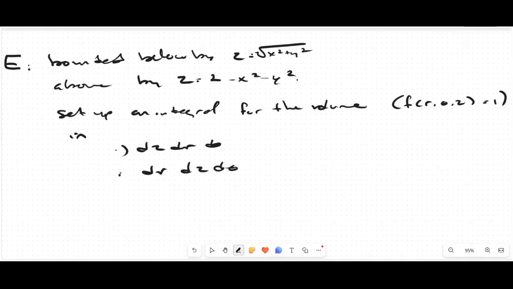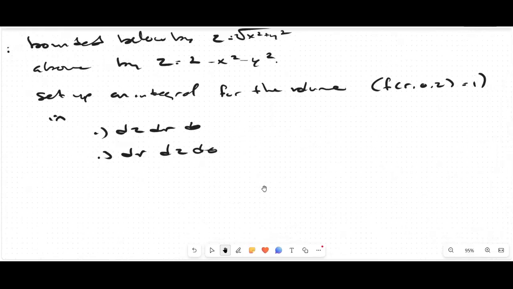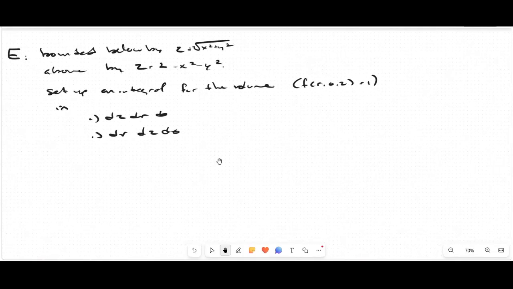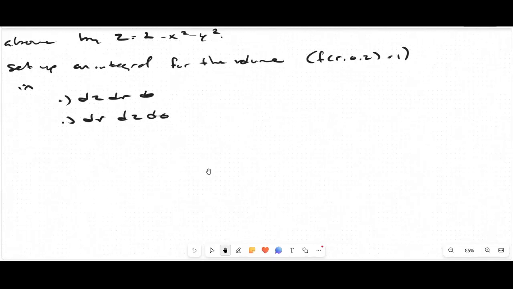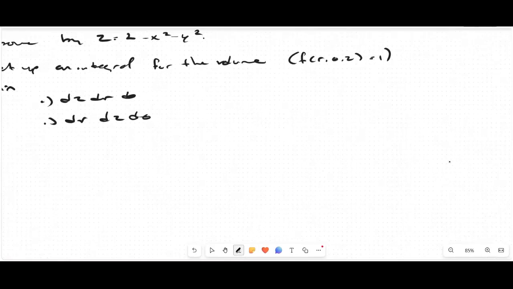So this way and this way. Okay, let's see what we got here. We must conceive of the shape, must be able to reason about the shape.